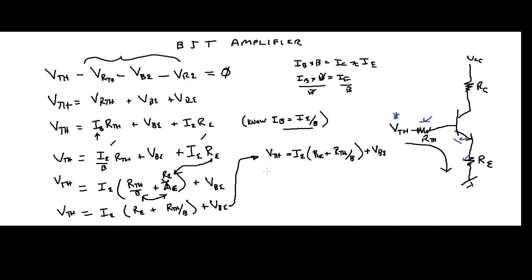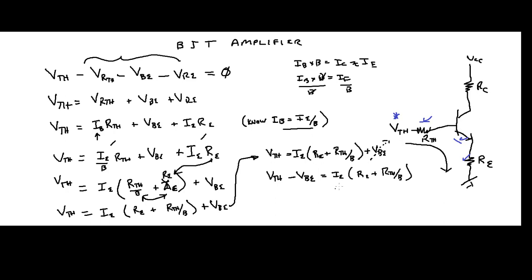So we will have VTH minus VBE. If you subtract VBE from both sides, this VBE goes away, doesn't it? Got it? Then you'll have VTH minus VBE equals IE times RE plus RTH divided by beta.